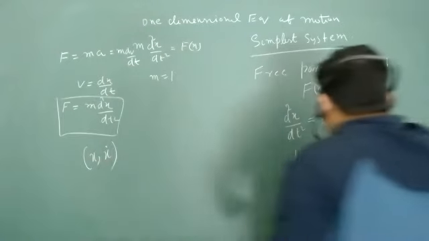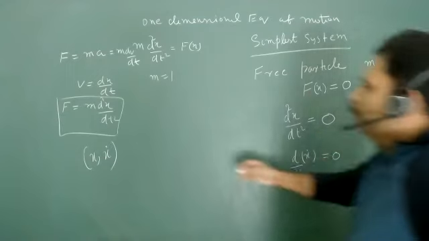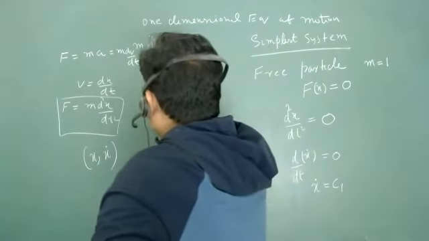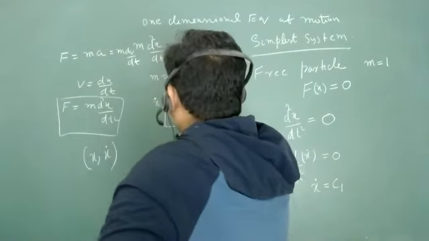So x dot is equal to c1. What is the meaning of that? If I plot x dot versus t, this is constant.